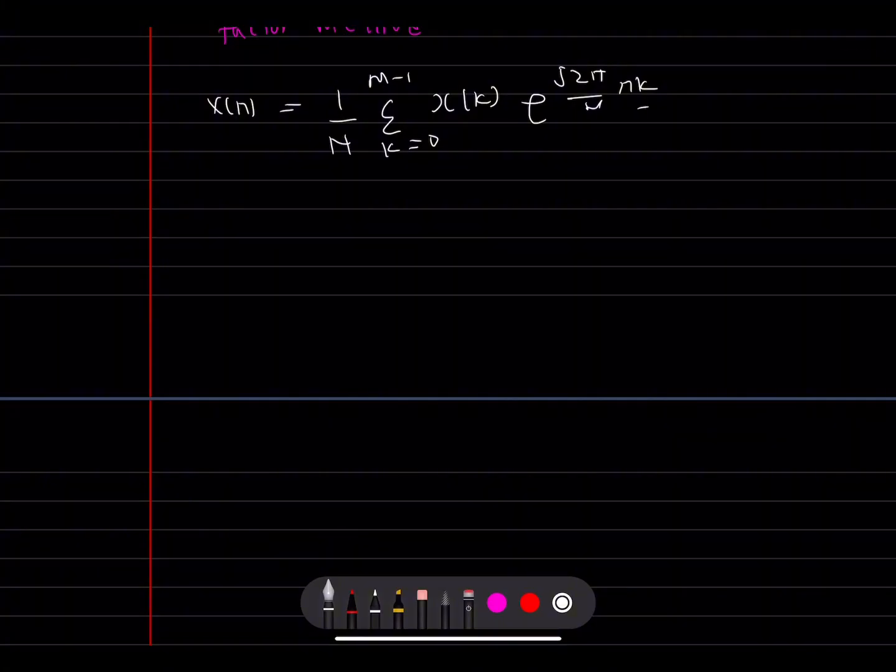In my previous derivation, we came to the point that x of n should be equal to 1 over N, summation k equals 0 to N minus 1, X of k, and then omega N to the power nk. But as you can see, there's something wrong with this equation that I've written for the second part.